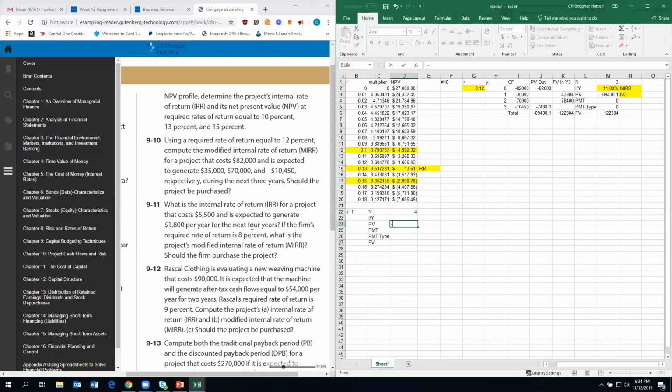Present value is negative 5,500. Payment is 1,800. And future value is 0. So equals rate, per, present value, future value. Bump it up. So 11.72 is your internal rate of return.